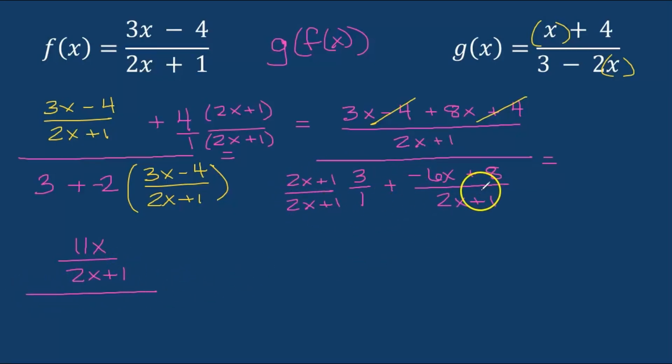In the denominator, I'm going to rewrite 3 times 2x plus 3 makes 6x plus 3 plus negative 6x, so I can write that now as minus 6x plus 8. And again, with the common denominator, 2x plus 1. One more time, we're going to go ahead and make this simple.